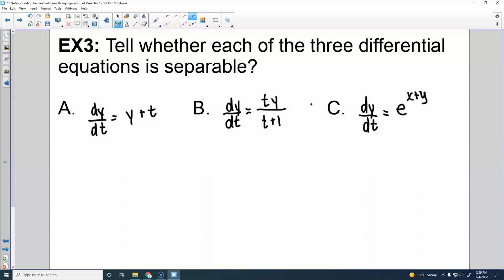So, first of all, for these, I think I've made a mistake. Notice the variables are different. I've got dy and dt instead of dy and dx, except for over here I really meant for this to be a t instead of an x.